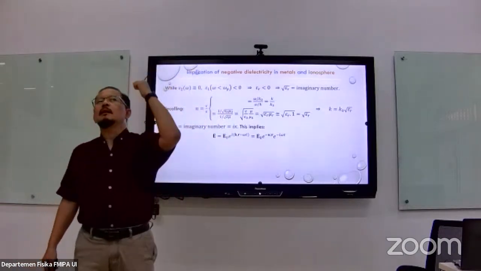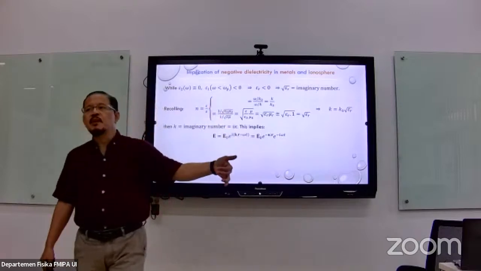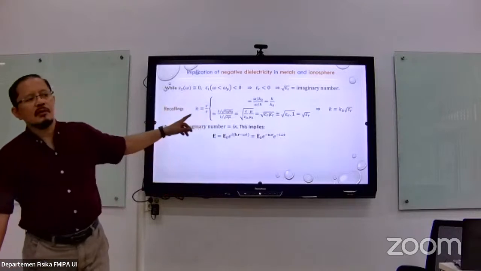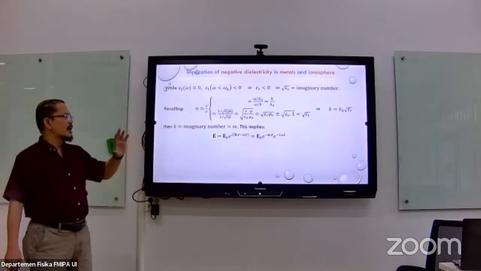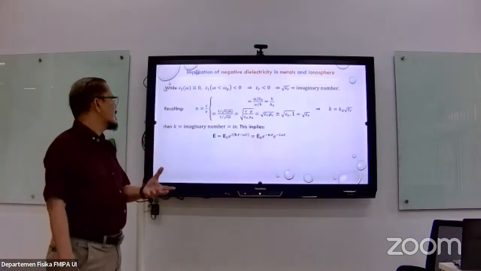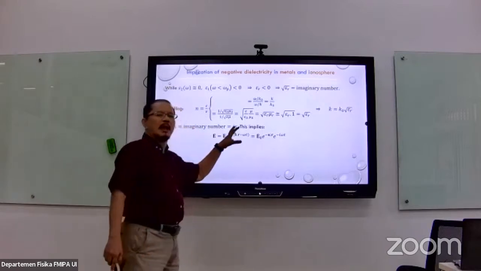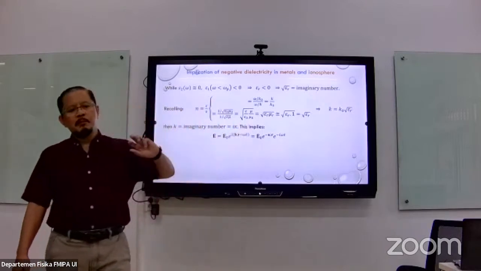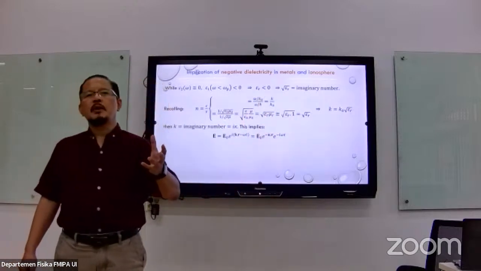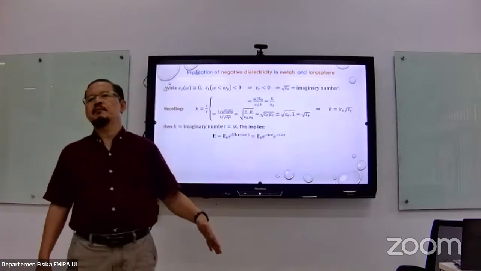And as you have seen, the value of omega p depends on several factors. Predominantly the electron concentration, also the mass of the electrons, and also the collision time. So there are several factors that determine the value of omega p. That omega p value will put the limit for the electromagnetic waves, whether we get the result of reflection or penetration.